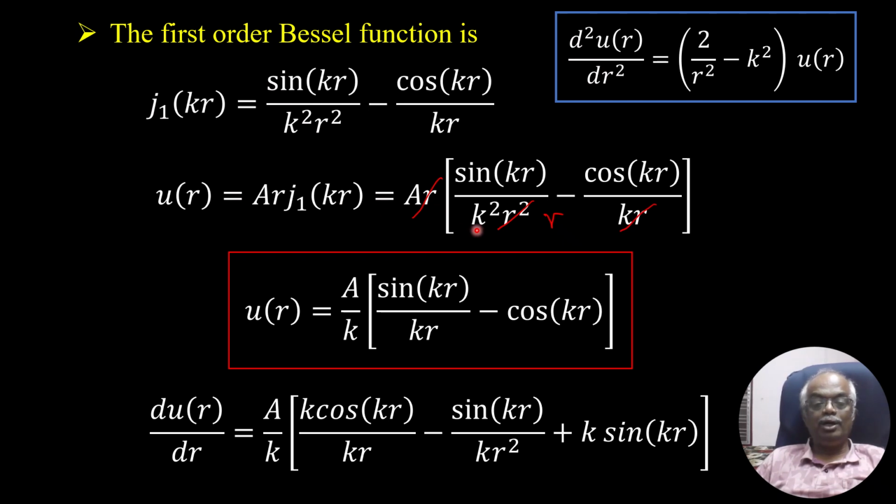So now you take 1 over k outside. So A over k, this k squared becomes just k, and here is r. And this k we have taken out, r already cancelled out, so this will be minus cos kr. This is the simple form of u of r.